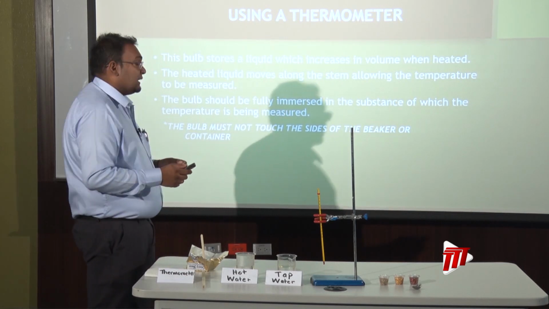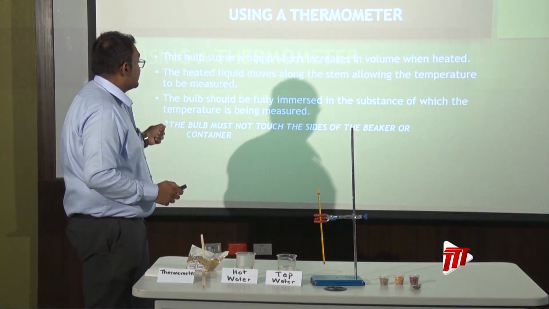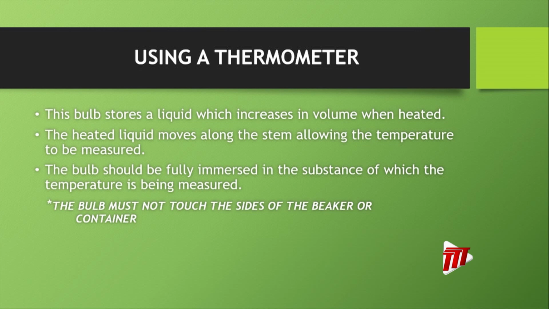Very important, and this goes to the point we just mentioned, and we have it here in bold: the bulb must not touch the sides of the beaker or the container. This is very important because the liquid or the substance in the beaker or container is what we are measuring.